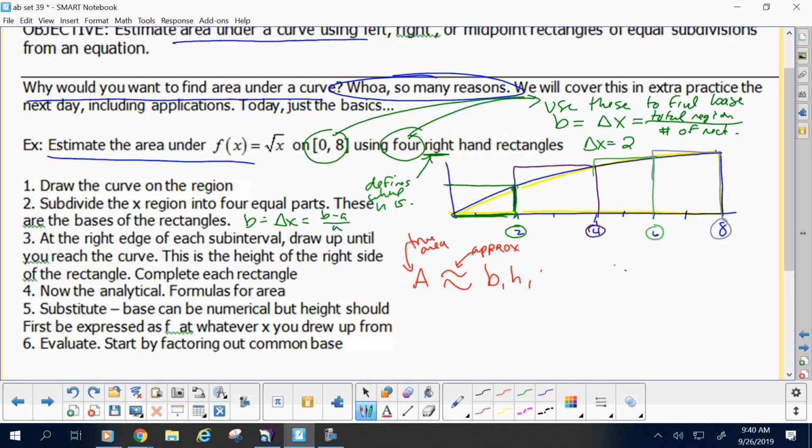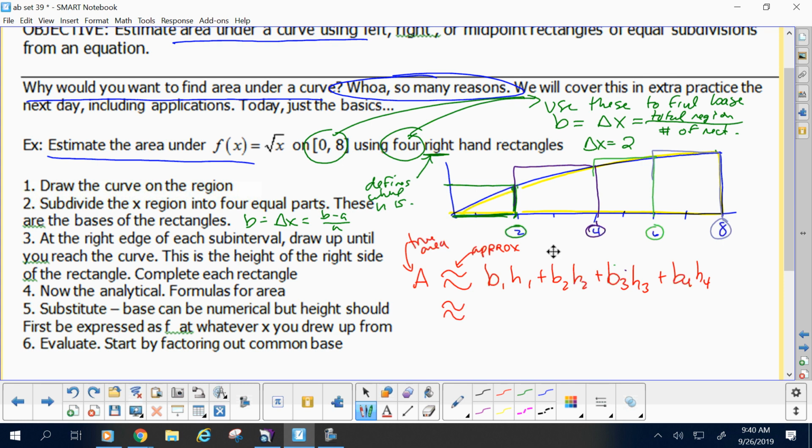Base 1, height 1, plus base 2, height 2, plus base 3, height 3, plus base 4, height 4. Right? All right. Now, I do that in my notes, and I'll probably do that for a day or two, but eventually you'll start going to a little different form, and we'll skip a few steps.